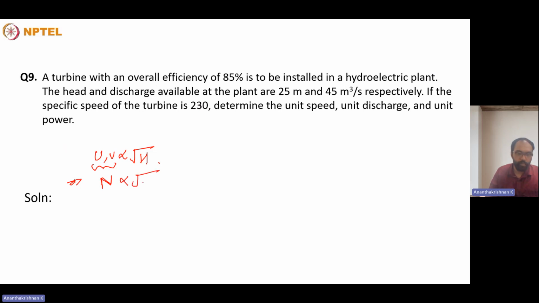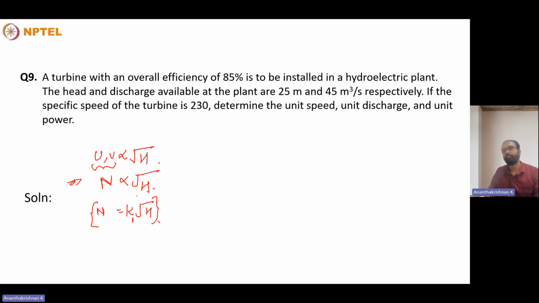So N is directly proportional to root of H. So we can write N equal to a proportionality constant K1 into root of H.